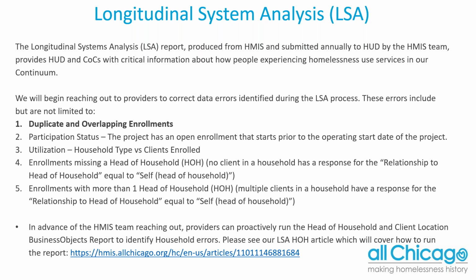If people are in two permanent housing projects at the same time, or two emergency shelter projects at the same time, or other types of projects at the same time, that gets flagged by these LSA reports, and we need help in resolving those kinds of errors. So this is a heads up and a request for as much cooperation as possible to help resolve those kinds of errors.